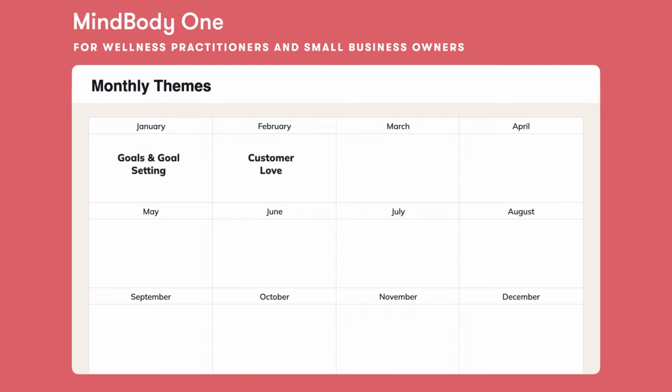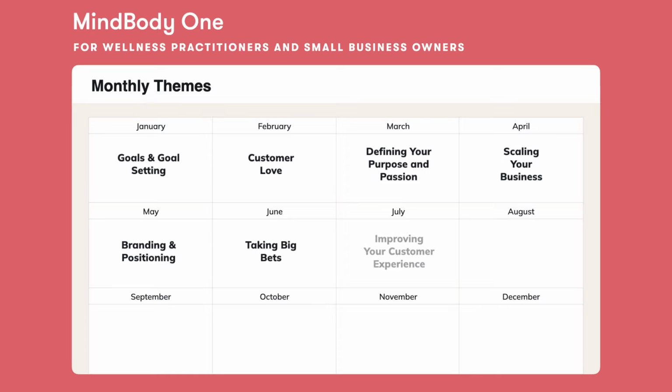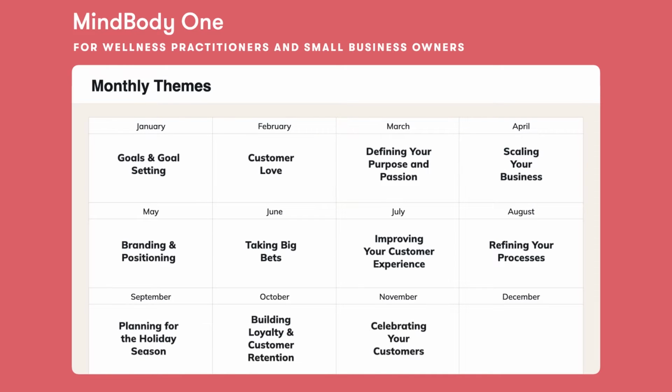February is all about customer love, defining your purpose and passion, scaling your business, branding and positioning, taking big bets, improving your customer experience, redefining your processes, planning for the holiday season, building loyalty and customer retention, celebrating your customers. And finally, in December, it is a phenomenal month to reflect and reset.